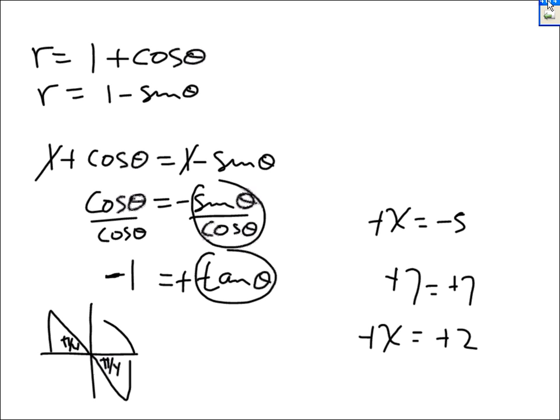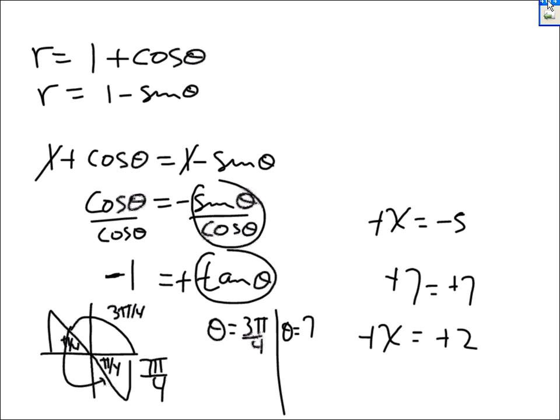So this angle would be 3 pi over 4, and this one would be not quite 8 pi over 4, which is 2 pi, for 1 less: 7 pi over 4. So theta can be 3 pi over 4, and theta can be 7 pi over 4.